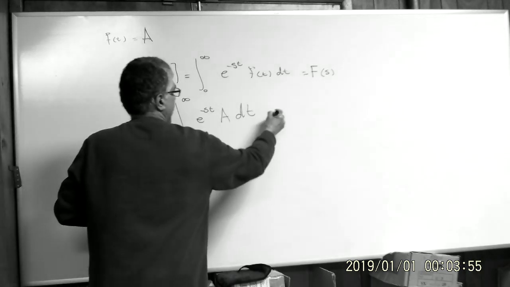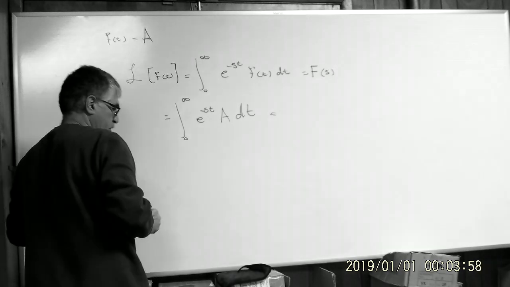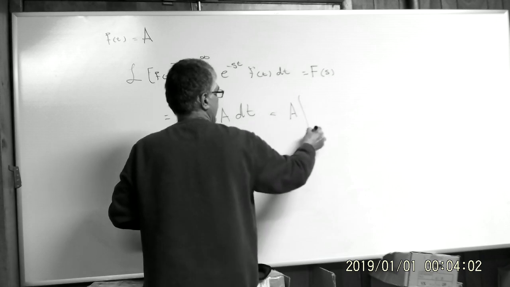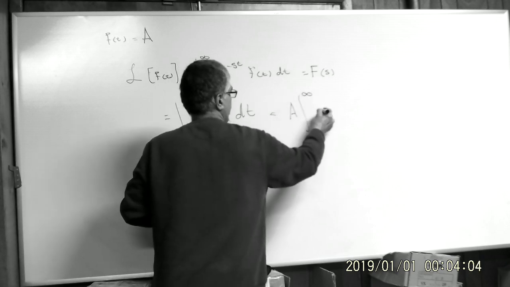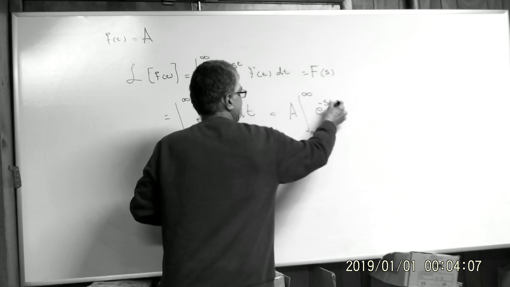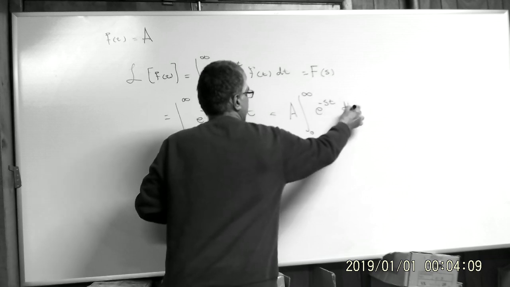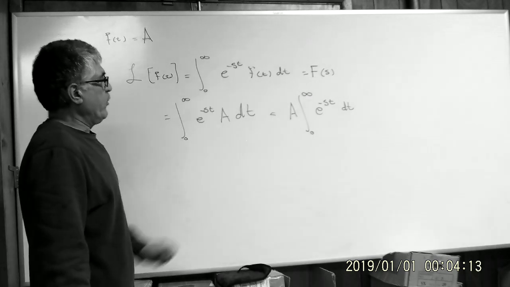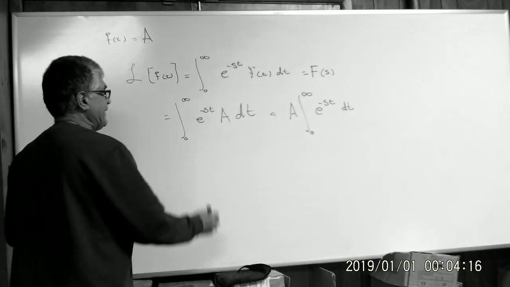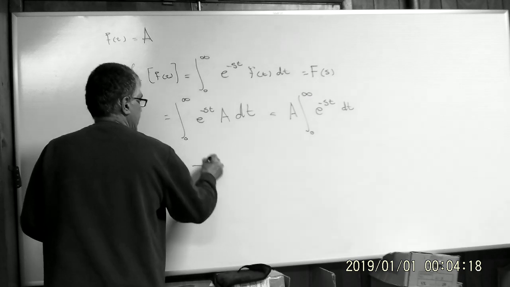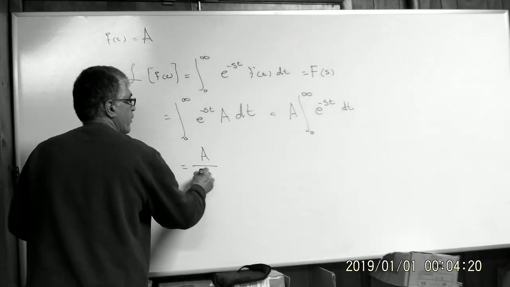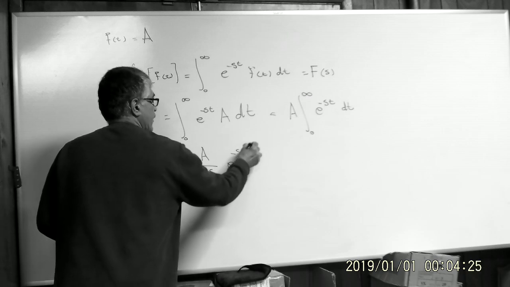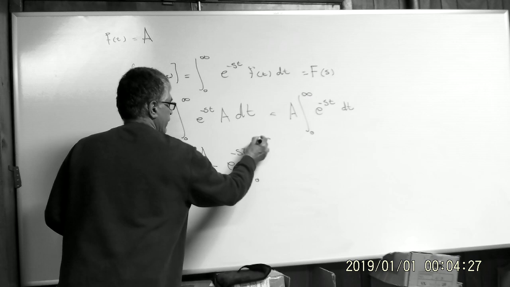So since a is a constant, it can come out of the integral, so we can write this as a integration from 0 to infinity of e to power minus s t dt. And the integration of e to power minus s t is 1 over minus s e to power minus s t from 0 to infinity.